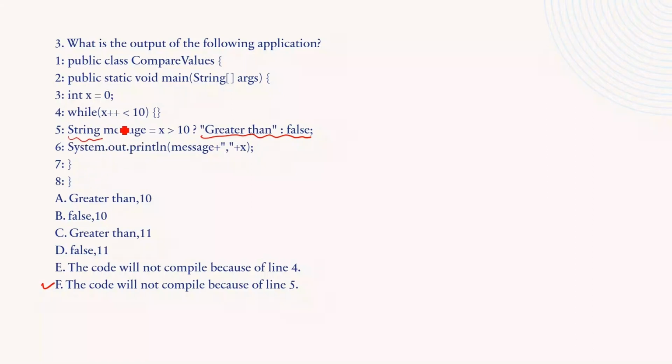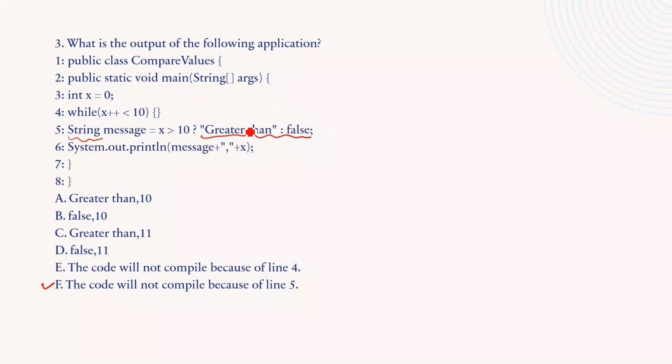It can only store string type data, right? But what happens if x is, for example, less than 10? Then false will be the returned value, and a string cannot store a false value. So the compiler will complain that you're trying to store a boolean value inside a message, which is a string. So it will not work in this case.